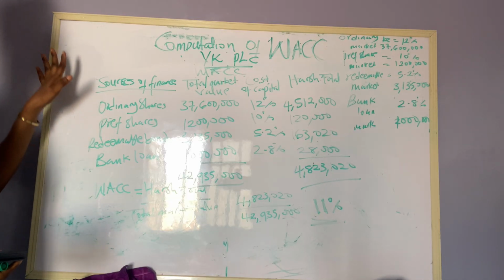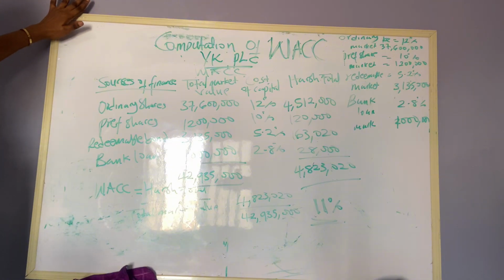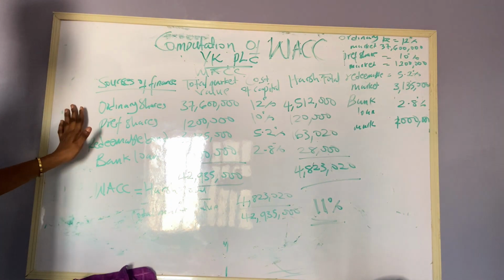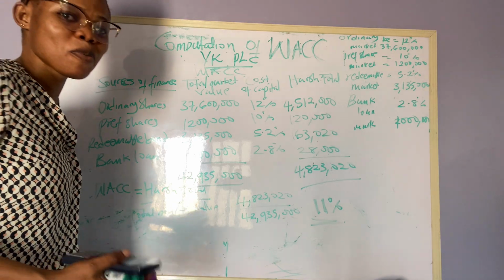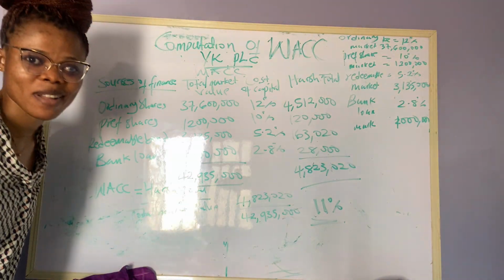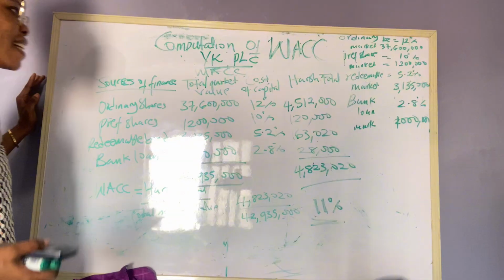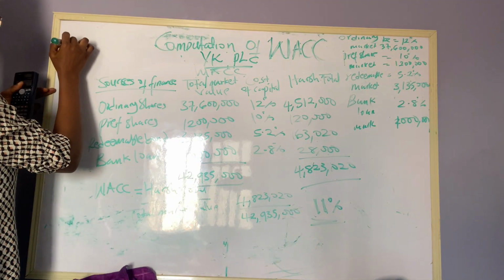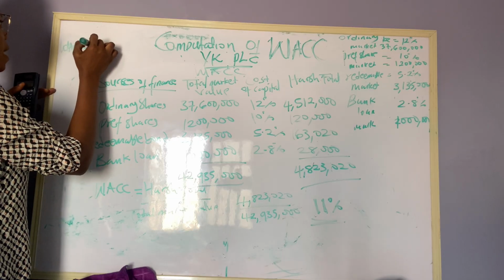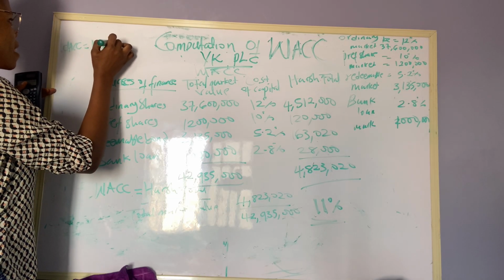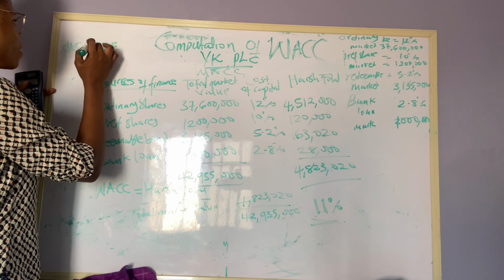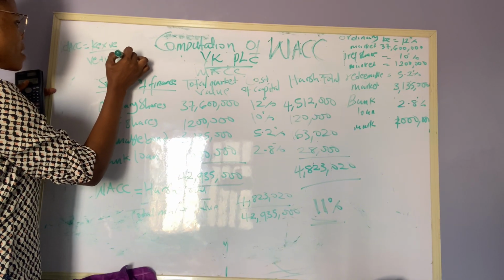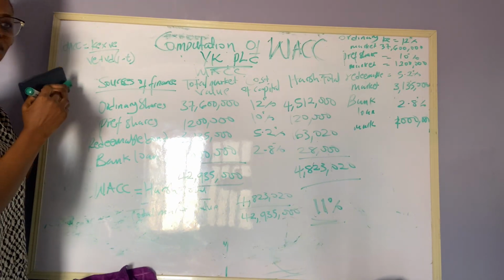You understand? So this is everything about WACC. In other textbooks, you will see another formula, I think WACC is equal to KE times VE all over VE plus VB, times 1 minus T. That long one.